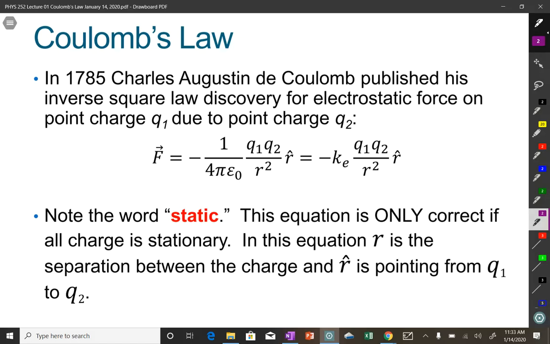It doesn't matter where it is. And if you are outside of that shell, it gives you the same force you would have if all of the mass of that shell were at its center.